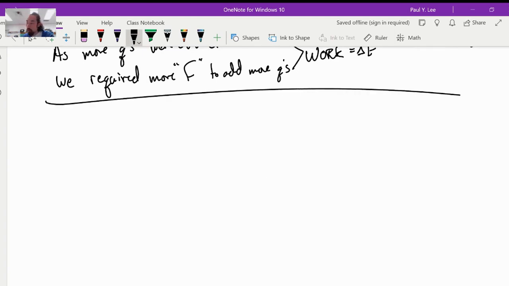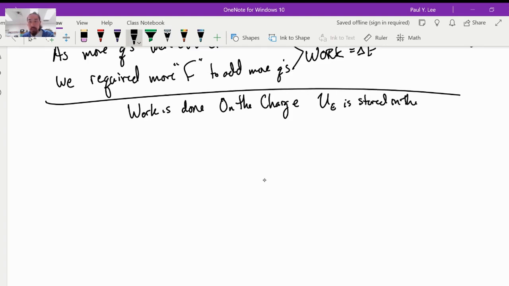I'm going to underline a quick statement: the work that we are doing is done on the charge, but it's very important that we know the potential energy is stored in the field, in this case the electric field.